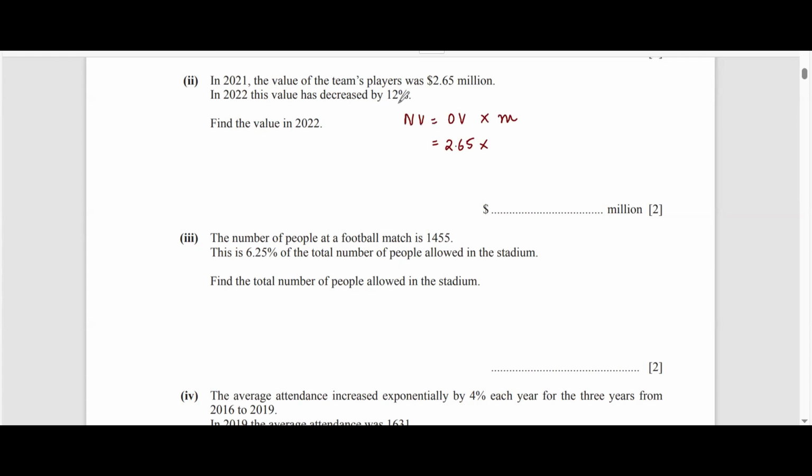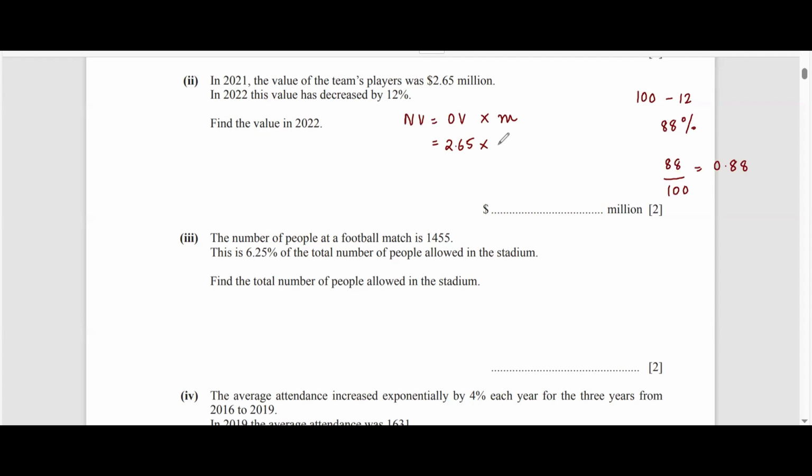It's decreased by 12%. Decreased by 12% means from 100, you subtract 12. So 100 minus 12 is 88. So 88%. Now, as I said, multiplier will always be represented as a decimal. 88% we need to represent as a decimal. 88 divided by 100, percentage to fraction, dividing by 100. 88 divided by 100 is 0.88.